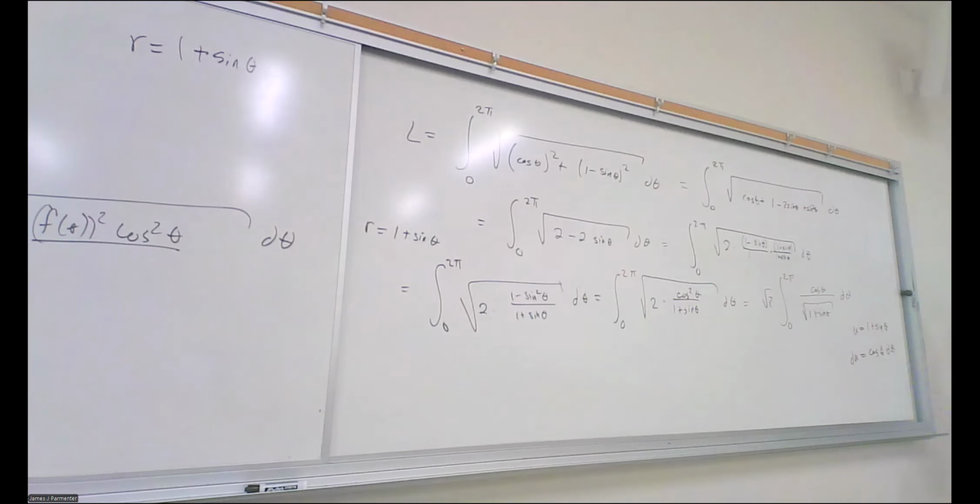We might as well change our limits of integration. If theta equals 0, u is going to equal 1 plus sine of 0. If theta equals 2 pi, that's interesting. That seems problematic. U is going to equal 1 plus sine of 2 pi, which is also 1. And I'm going to be integrating from 1 to 1.